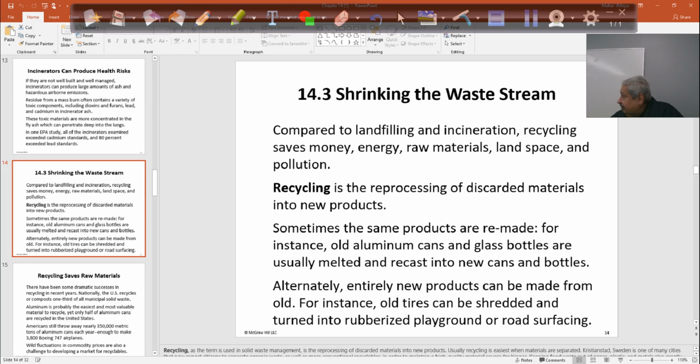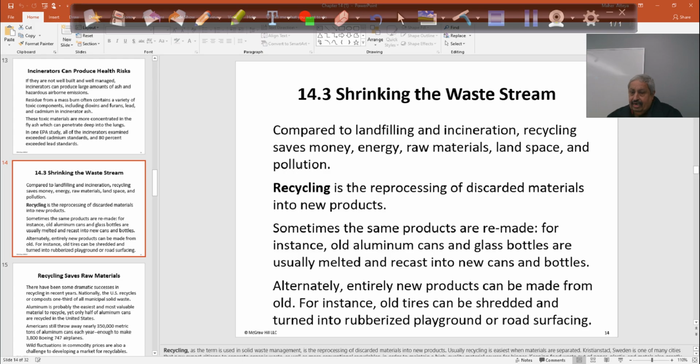Recycling is, I think, by far now the best choice we are making. Recycling is a reprocessing of discarded materials into new products. So we don't dump this stuff. Recycling is not 100%, but by far it is the best healthy choice to manage this waste, rather than just dump it and then burn it.